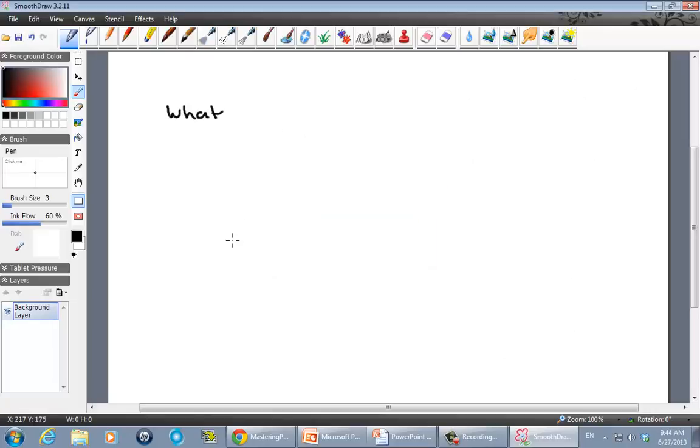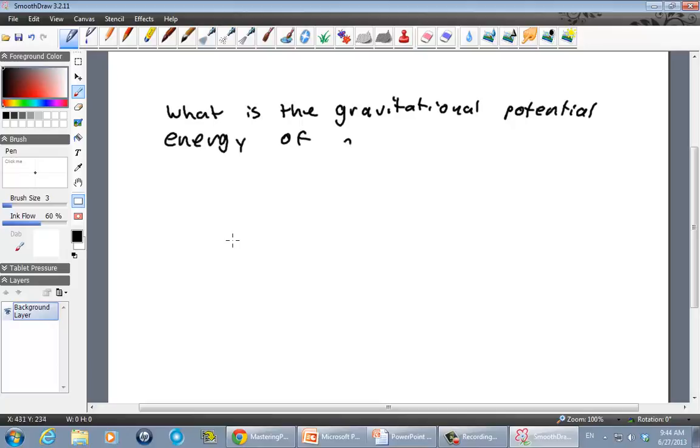So if I want to look at gravitational potential energy, what is the gravitational potential energy of a 10 kilogram cat 5 meters above the ground?